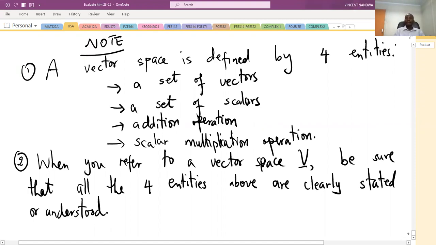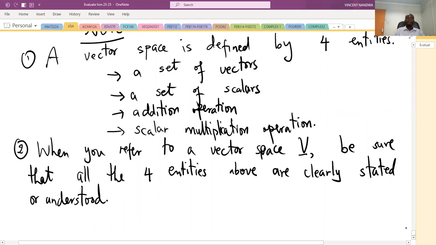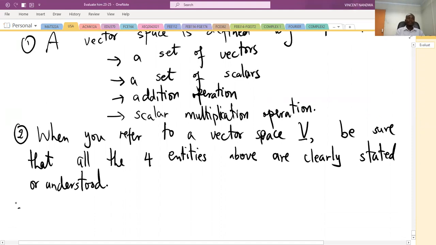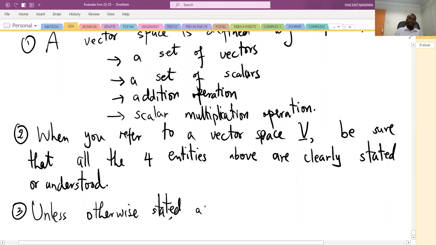And then lastly, number three, unless otherwise stated, assume that the set of scalars is a set of real numbers.